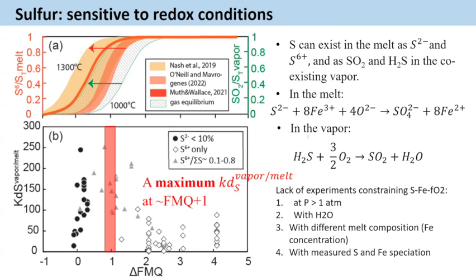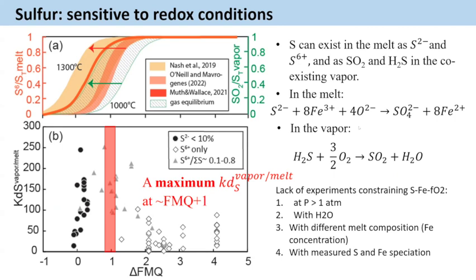The right side boundary is the lower temperature, and the left side boundary is the higher temperature. So we can see that depending on what temperature we're looking at, these three models can predict pretty different sulfur speciation in this intermediate fO2 range, which would actually impact the sulfur degassing mechanism here.